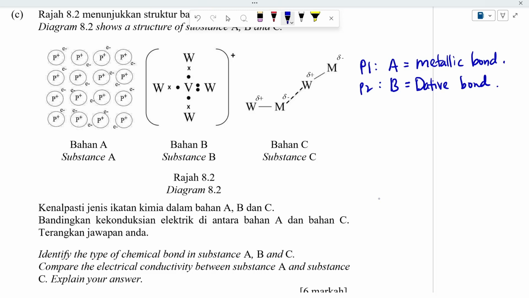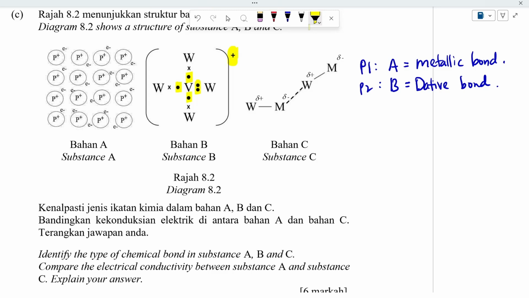So actually how do you recognize the dative bond for this? These two electrons are contributed by the V only. This W doesn't contribute anything. You can have a look here. Then you will see a charge here.